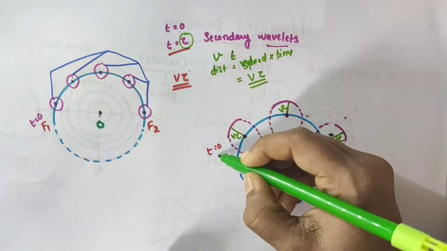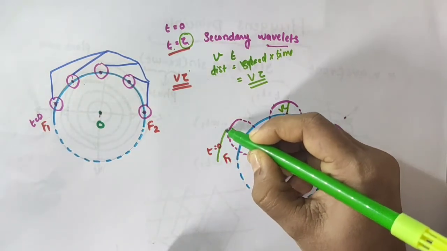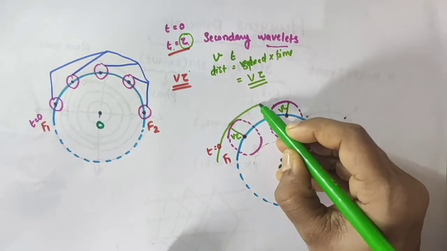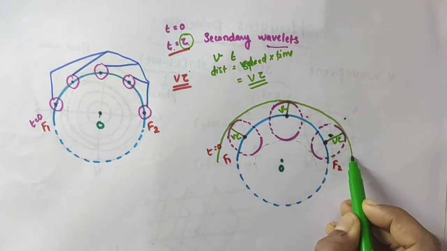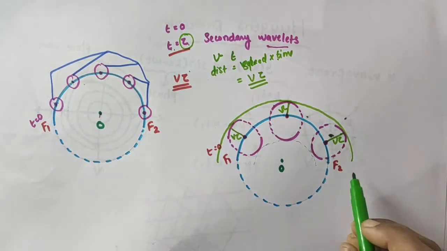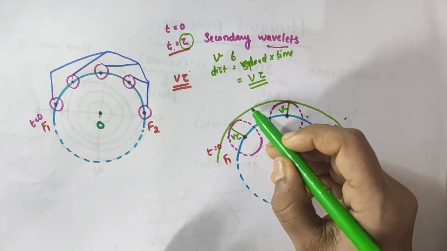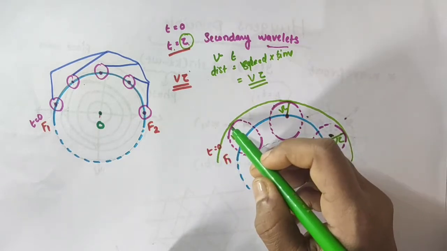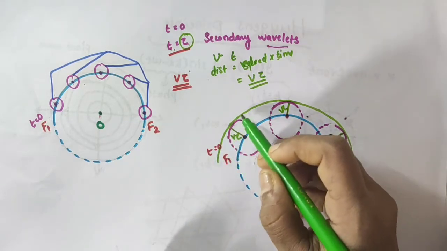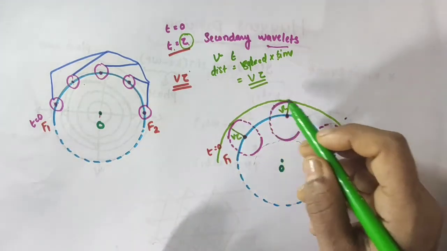So, you see, if I draw a common tangent, there will be another secondary wavelet here, and another secondary wavelet here. If we draw a tangent which passes through all these points, that will be the common tangent.